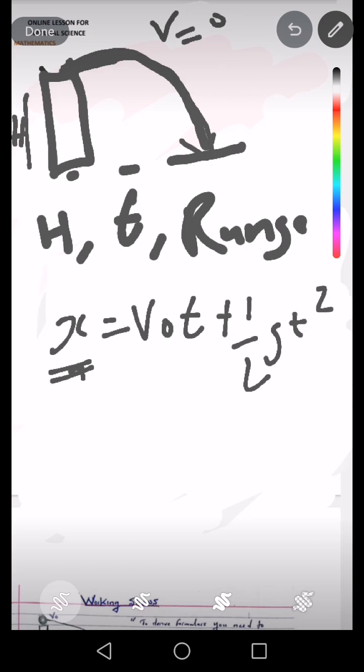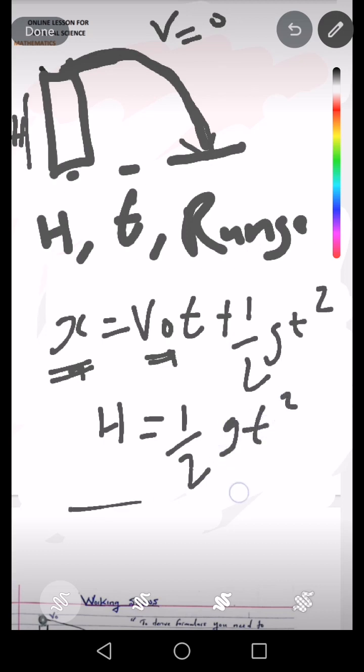And x here is just the height we want, because it is a distance on the y-axis. So the initial velocity is 0, and then we write half g t squared. That is the formula to find height in this first case.